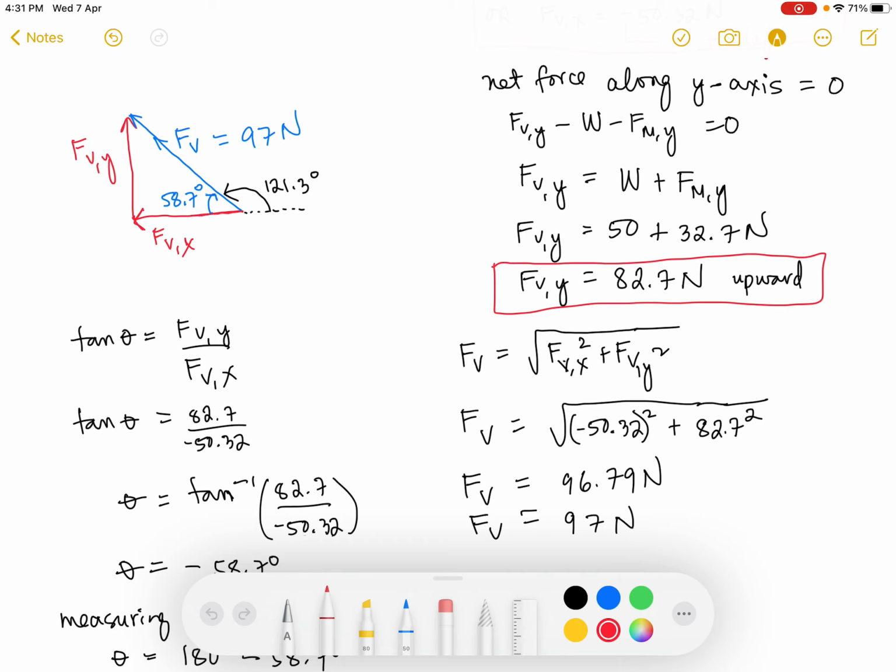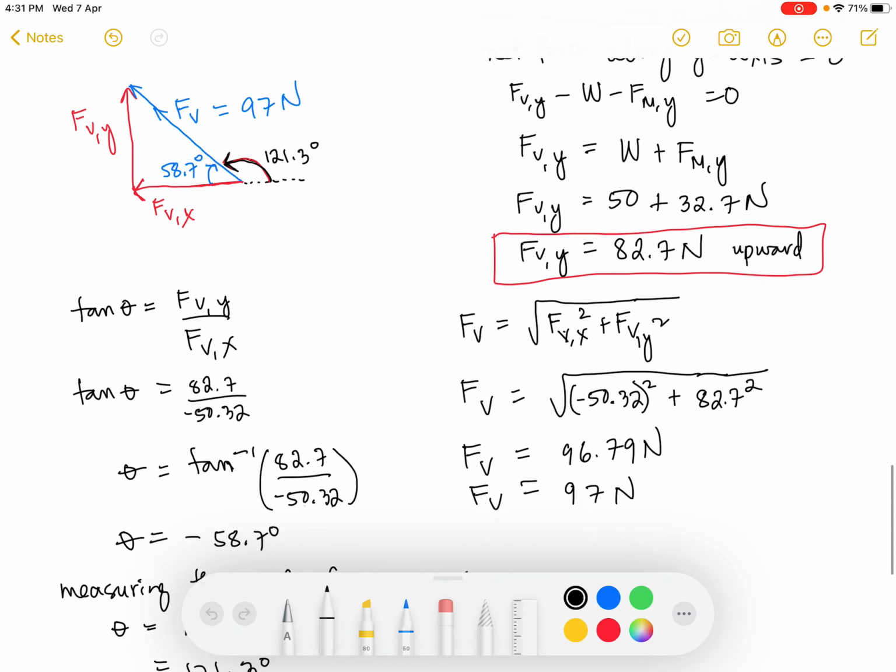FVX is pointing to the left, and that's why you go clockwise when measuring relative to the negative x-axis to the FV. But to remove ambiguity, we measure our angles from the positive x-axis, and so it's this angle here, and that's why we did 180 minus 58.7 degrees, and so that's 121.3 degrees.